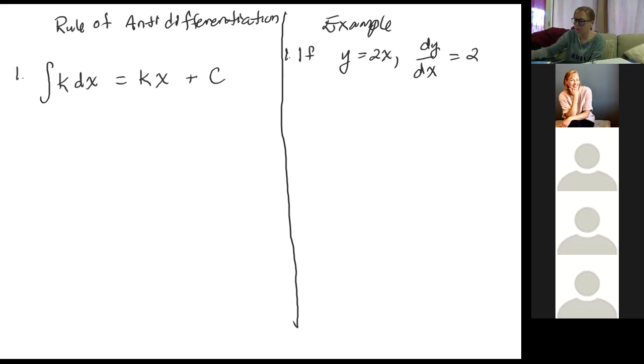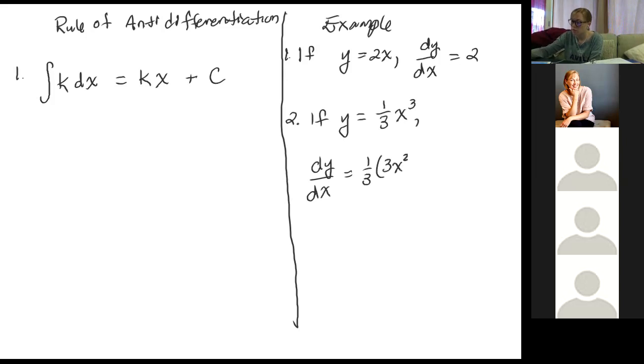Okay, let's do a second one. Let's say I'm given the function y is equal to maybe 1/3 x cubed, and I want to find the derivative of that. I can do that using my rules of differentiation. dy/dx is equal to 1/3 times the derivative of x cubed, which is 3x squared, which is equal to x squared, because 1/3 times 3 is 1.